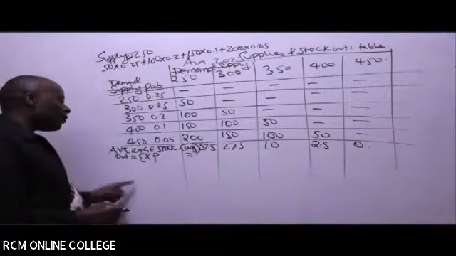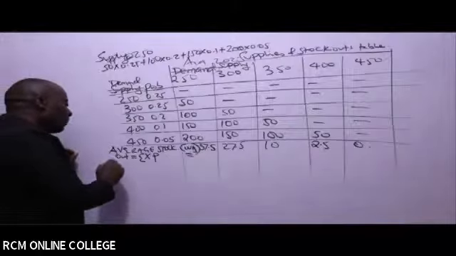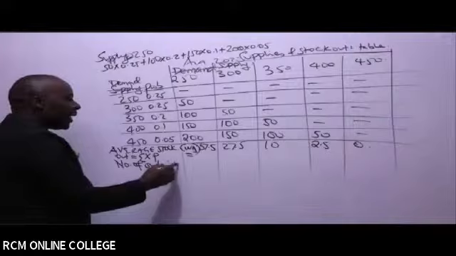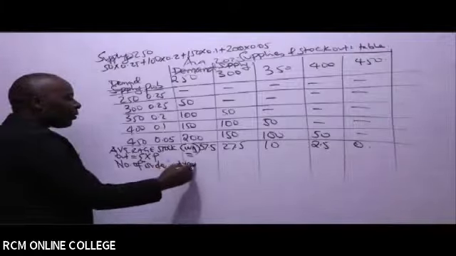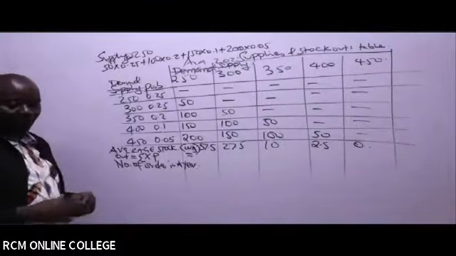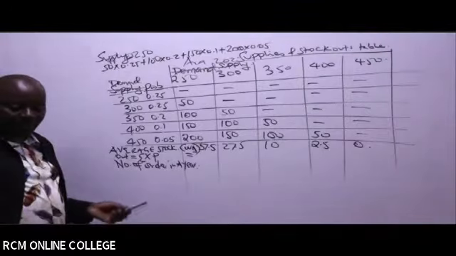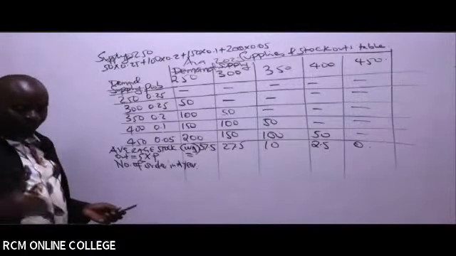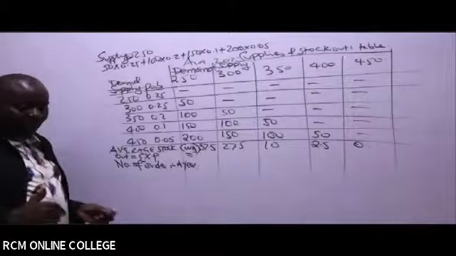So remember, this is average stock out. You need the number of orders in a year. Has this examiner given us the number of orders in a year? It's given there. If you read the additional information, the number of orders in a year has been given.